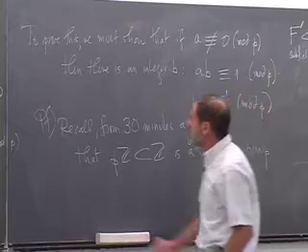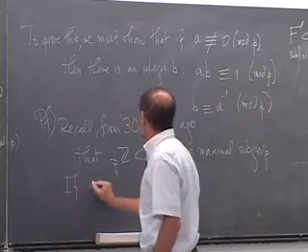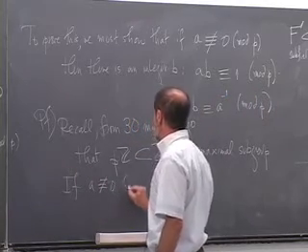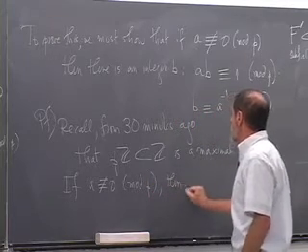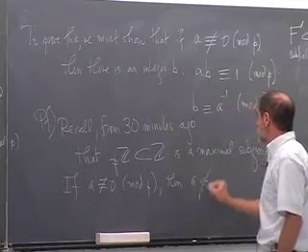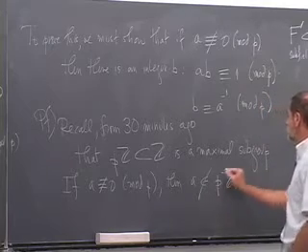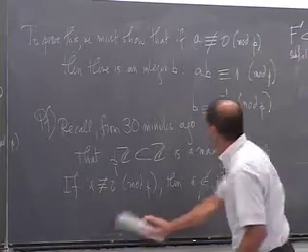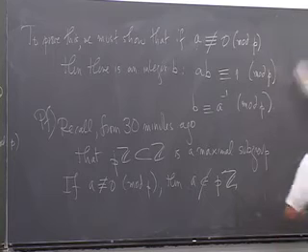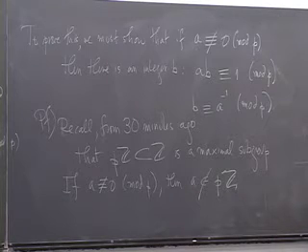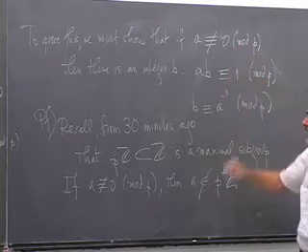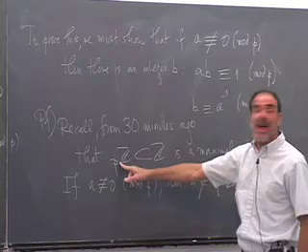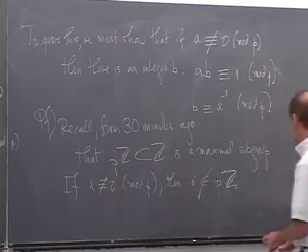Now, if A is not congruent to 0 mod P, then A is not an element of the subgroup PZ. We agree on that? That's our hypothesis. We have a non-zero element mod P, means it's not divisible by P, so it's not in here.